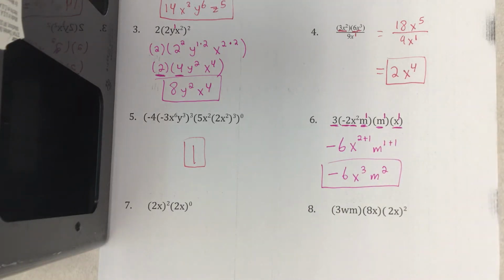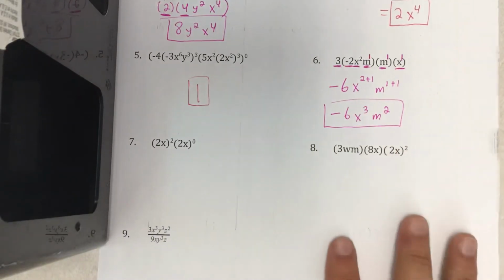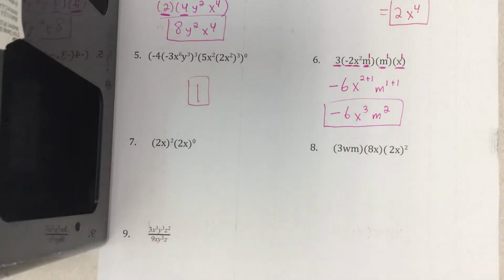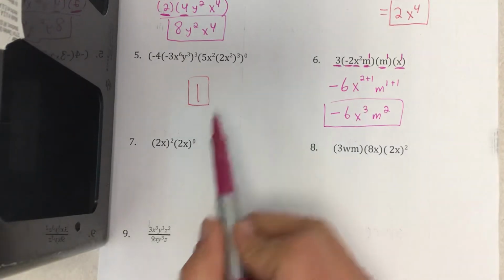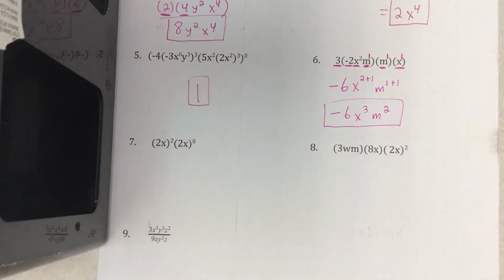Okay? Now, number 7. Number 7, I have 2x, all of that squared, times 2x all to the 0 power, okay? So this one, right, you might see number 5 and you see the 0 power and say, oh, that whole thing is 1, okay? That is not right. That's how they will trick you, okay?